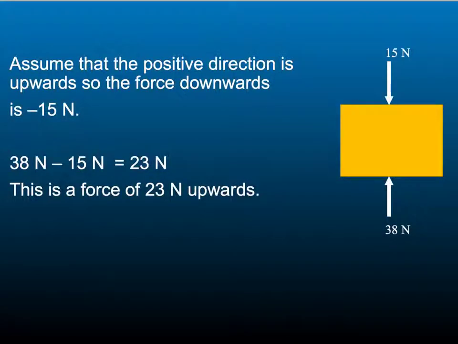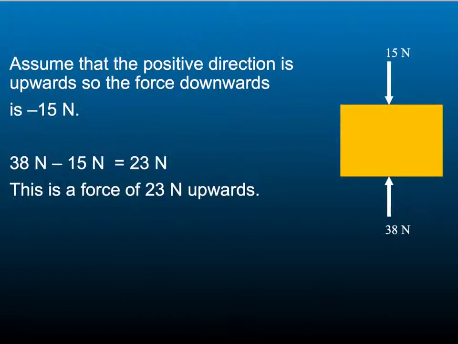We can also use vector sums to work out the resultant force acting on an object. In this example, we have got 15 newtons that are pushing downwards, and we've got 38 newtons that are pushing upwards. Now, the vectors are still parallel, so we can add them together. However, they are in opposite directions. So one of these forces is going to have to be in the negative direction.